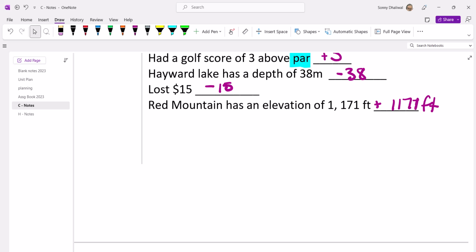You leveled up 3 times, yeah, that means up 3. Or the words fallen and risen sometimes refer to plus or minus. So if you're not sure if something means positive or negative, just raise your hand and ask me, okay? All right.